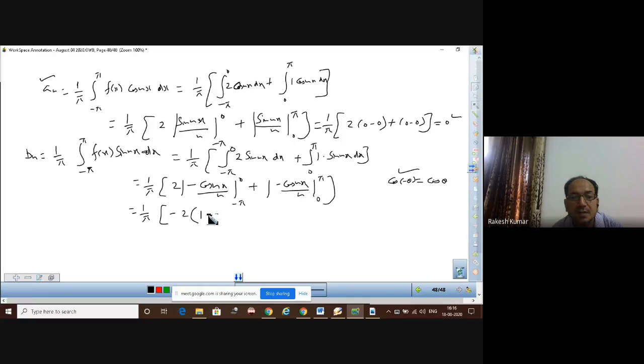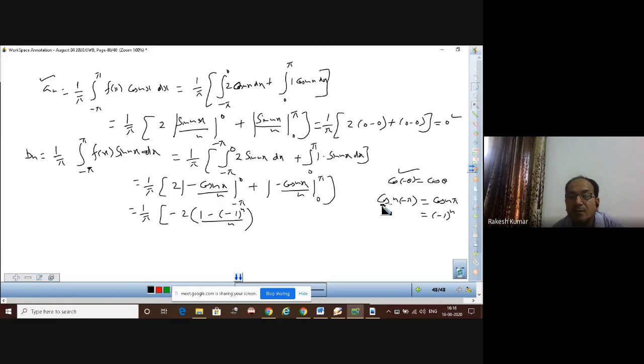So that is cos n pi, and the value of cos n pi is minus 1 raised to power n. When you substitute pi over here, this will come out to be cos n pi. The value of cos n pi is minus 1 raised to power n.